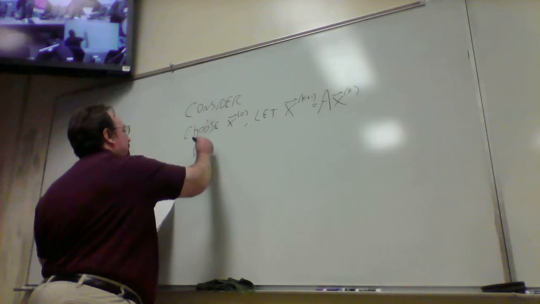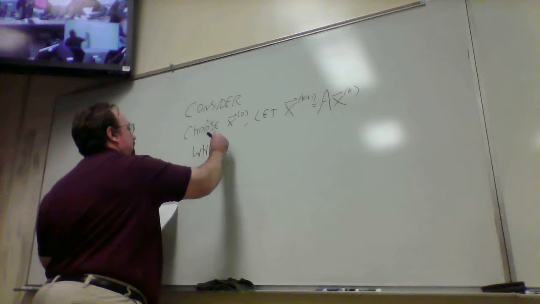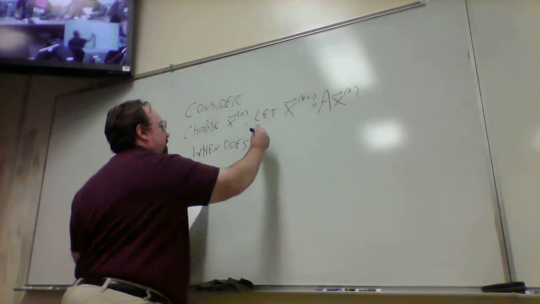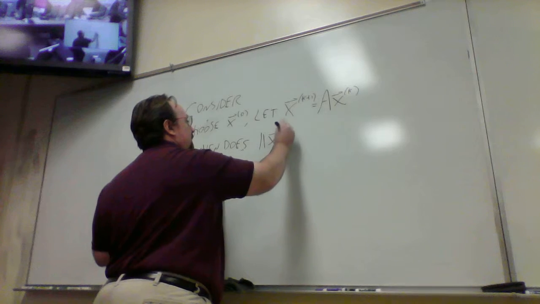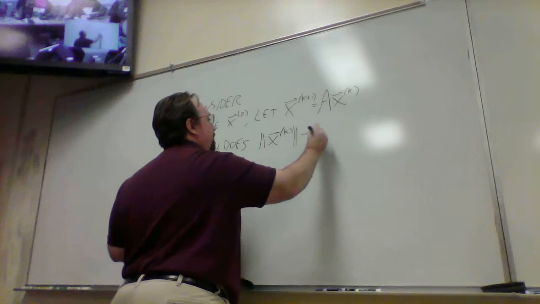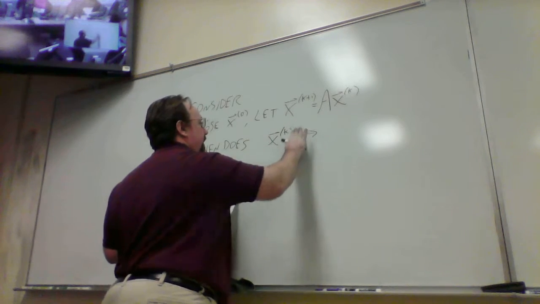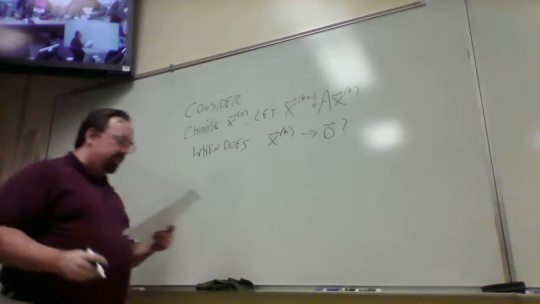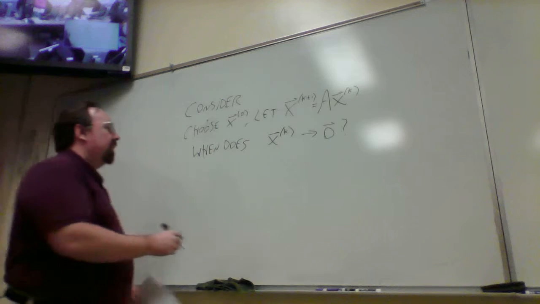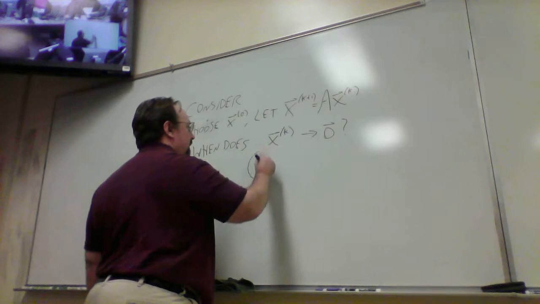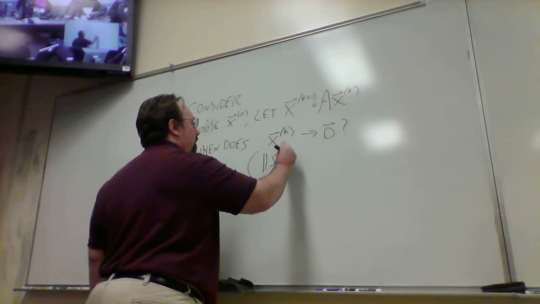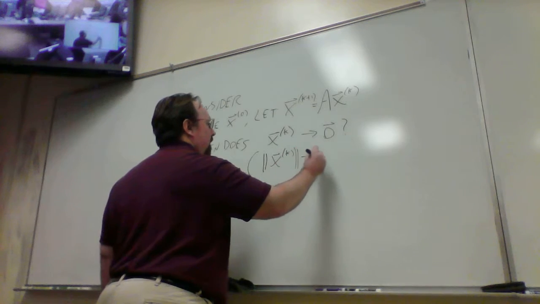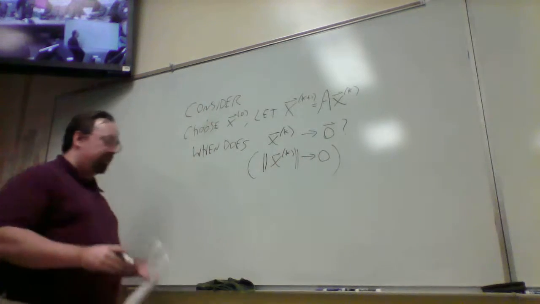So when does xk converge, not the norm, just the vector itself? When does it converge to the 0 vector? Equivalently, the norm of these vectors must be going to 0.